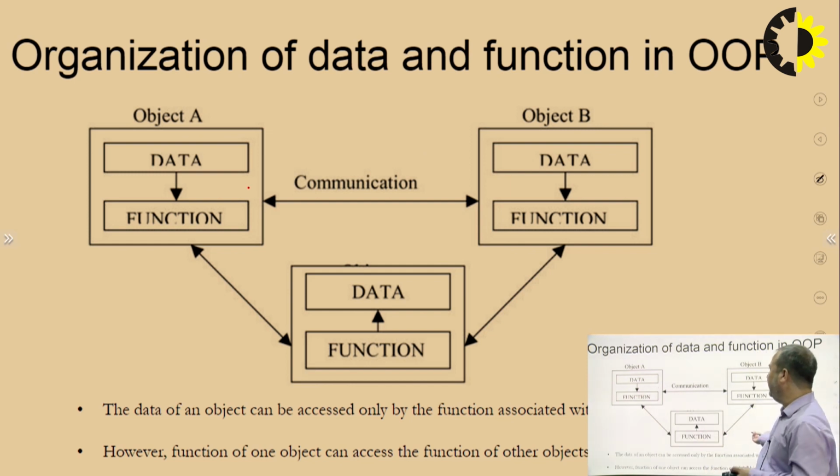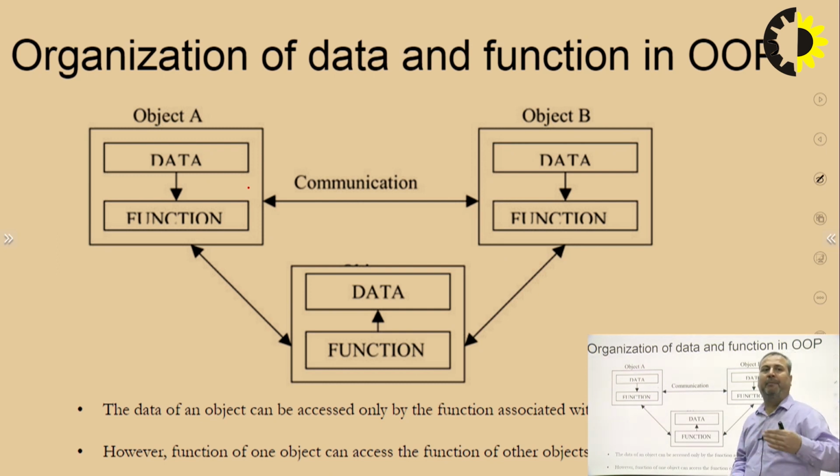Objects invoke the functions and all, right? So this is the organization of data and functions in object oriented programming, and data and functions are tightly coupled, or wrapped, into some entity that is called a class. So data is encapsulated basically in object oriented programming.